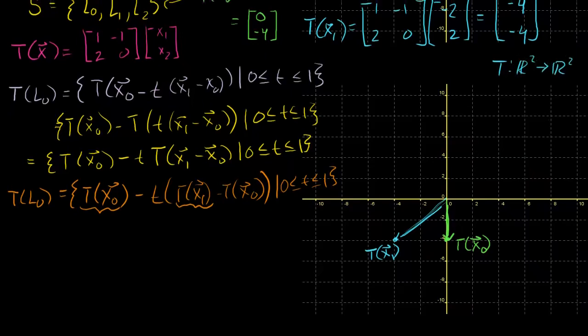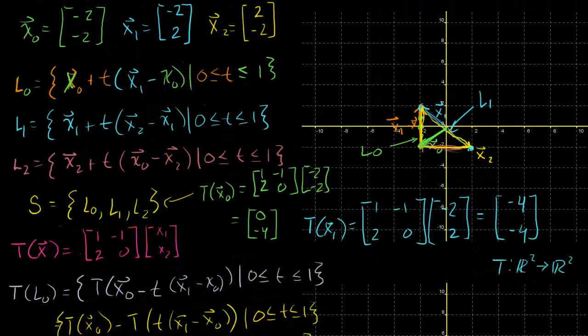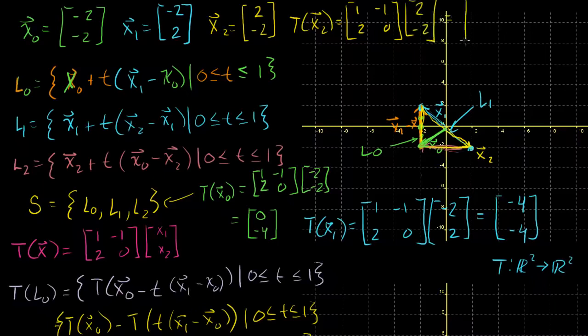And we have one left. Let's take our transformation of x2. The transformation of x2 is equal to our transformation matrix 1, 2, minus 1, 0 times 2, minus 2. So this will be equal to 1 times 2 is 2, plus minus 1 times minus 2.